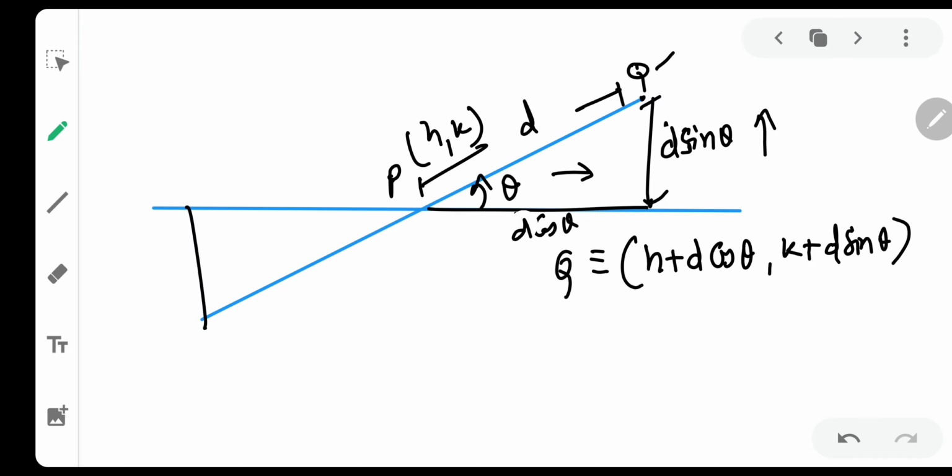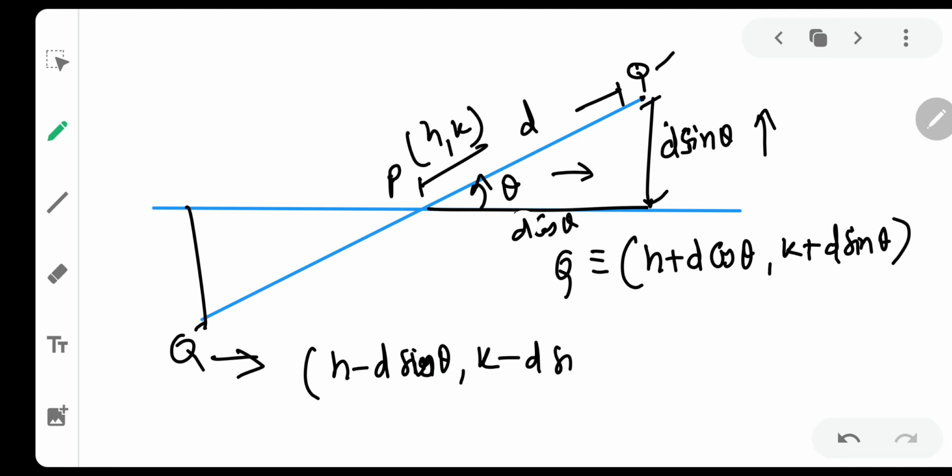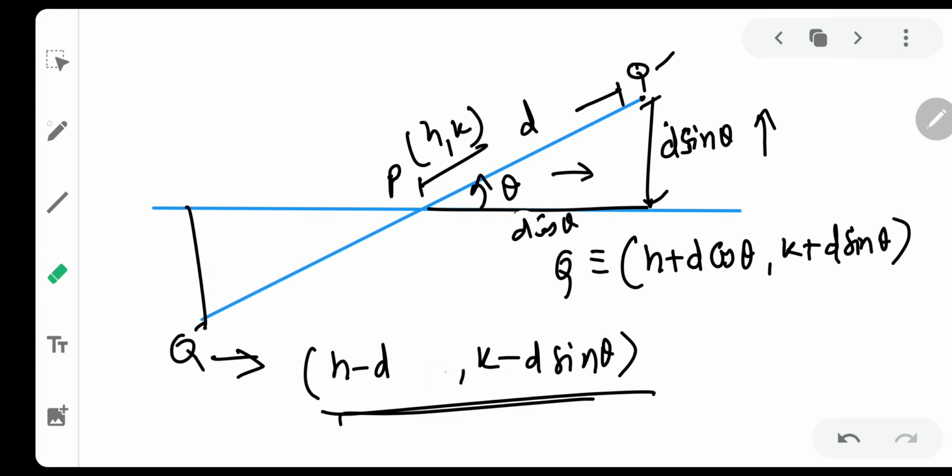And for this other point Q, it is going down. So for this particular point you can say h minus d cos theta and k minus d sin theta, only it will be minus. So you have to just draw a diagram. Do not remember any formula. You do not have to remember any particular formula, and it will be crystal clear for you.